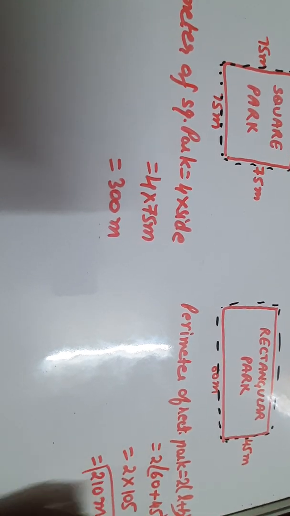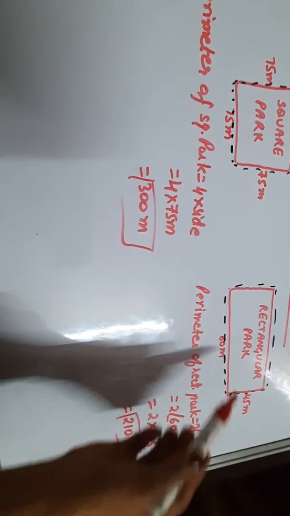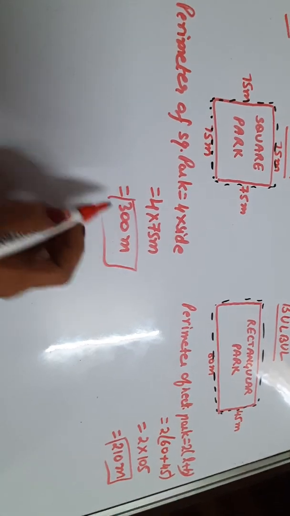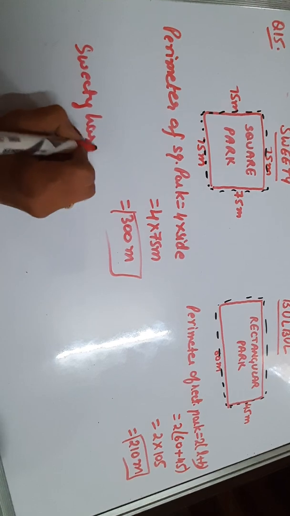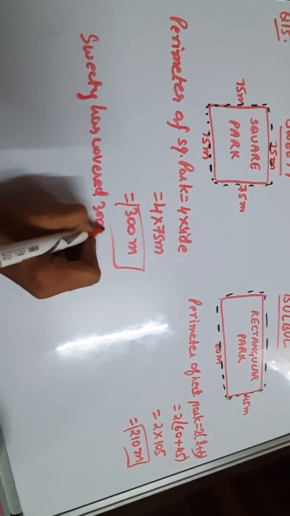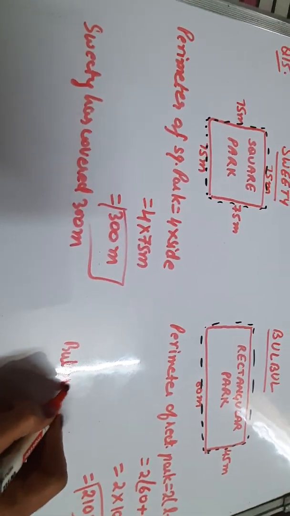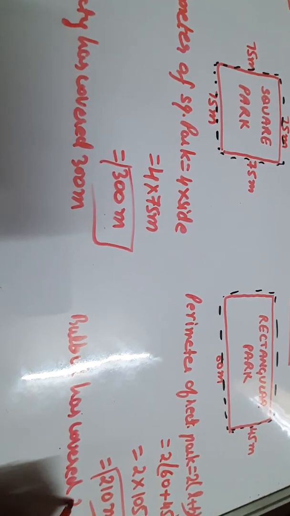So from here you can compare the distance covered by Sweetie and Bulbul. Sweetie has covered 300 meters in taking the round, whereas Bulbul has covered 210 meter.